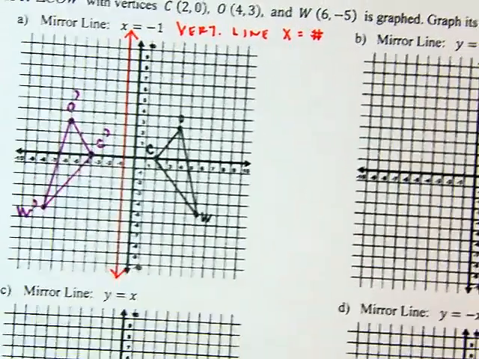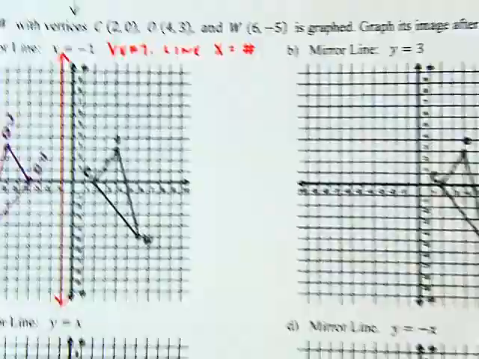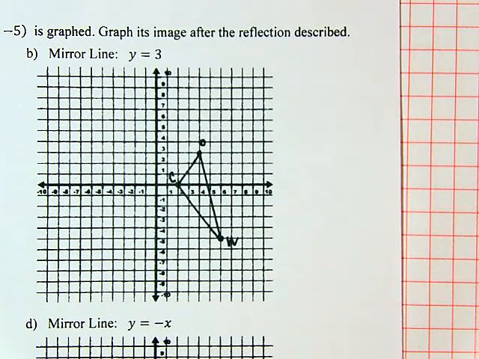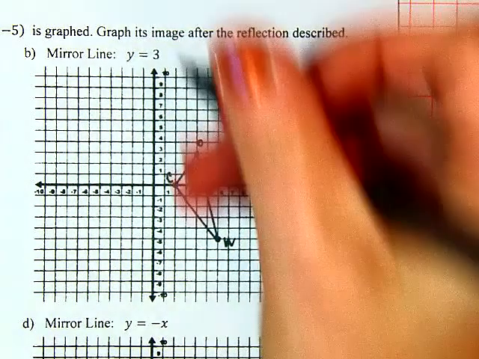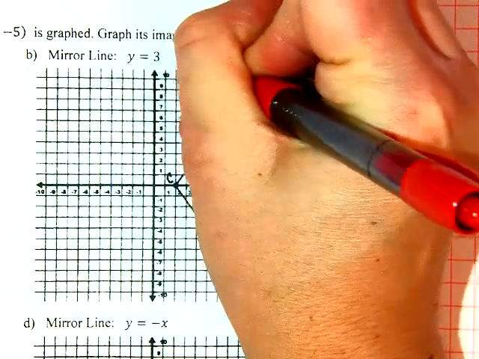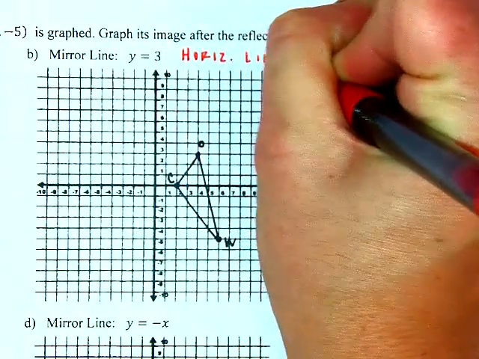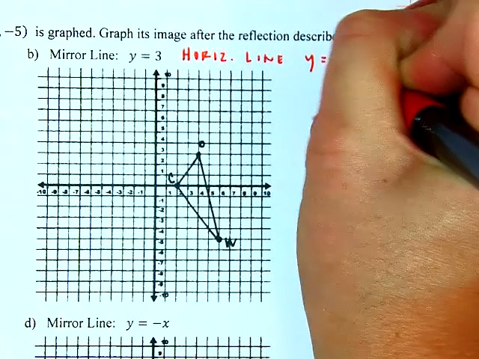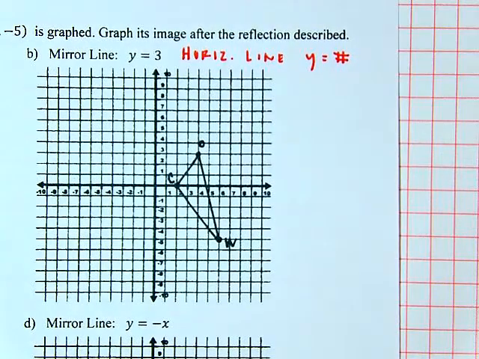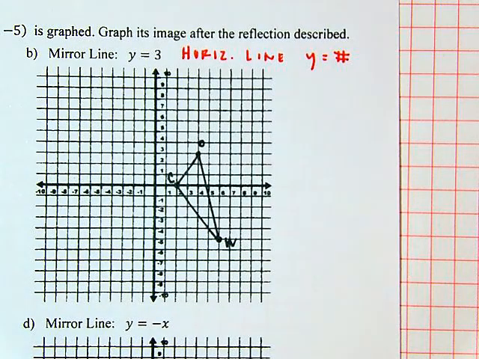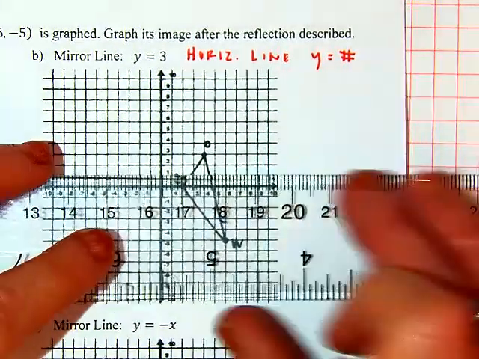Okay, for the next one, let me slide it over. Here I'm saying that the mirror line is y equals 3, so we should recognize that that is a horizontal line, because it's y equals a constant. So I'm going to graph my mirror line at y equals 3.